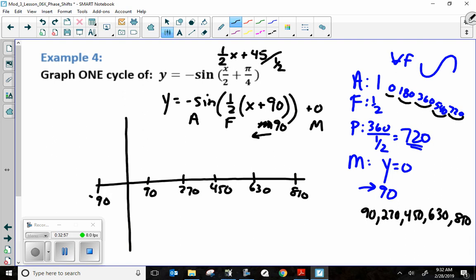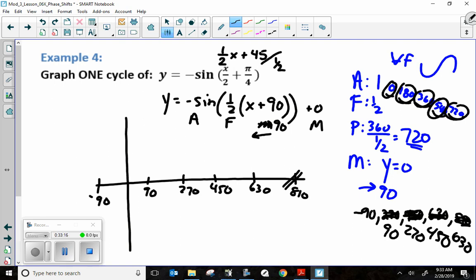I got to subtract 90. It's negative 90. Subtract 90. It's positive 90. Subtract 90. That's 270. Excuse me for making a mistake. Subtract 90. That's 450. And subtract 90. That's 630. All right, so I don't need this one. I'm going to 630. Good catch by me.